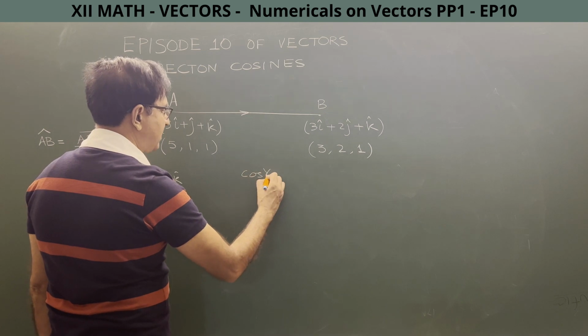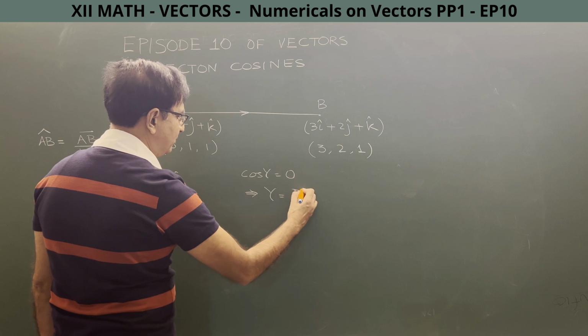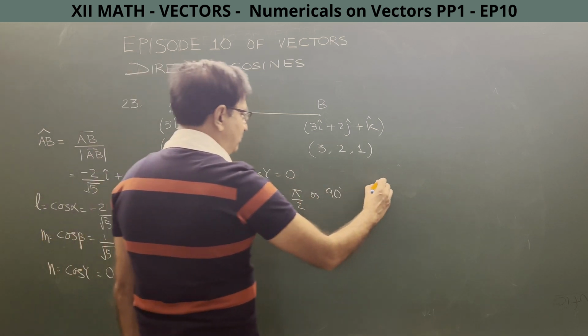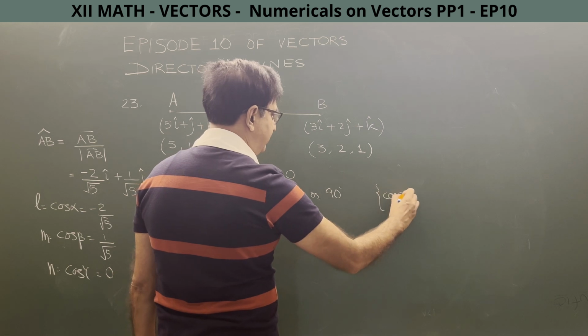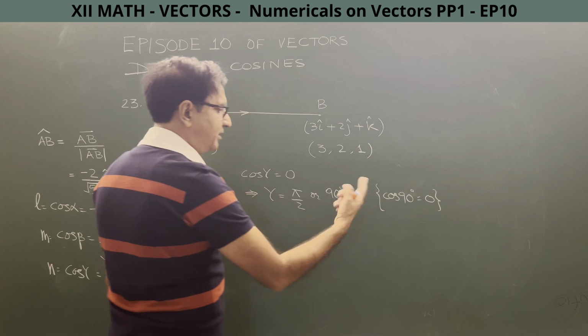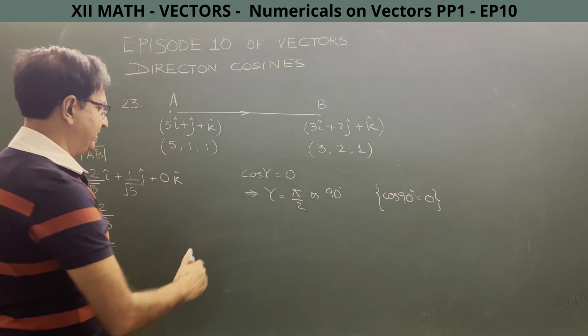If cos gamma is 0, what does it imply? Gamma is pi by 2, because you know, cos 90 degrees is 0 and cos 0 is 1. So gamma is pi by 2. So what does it imply?